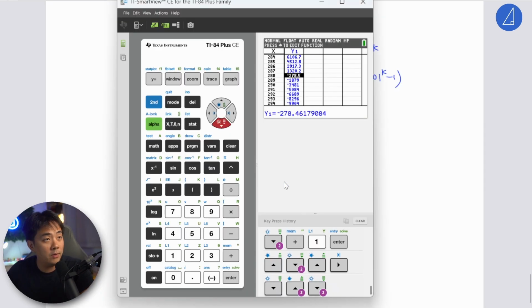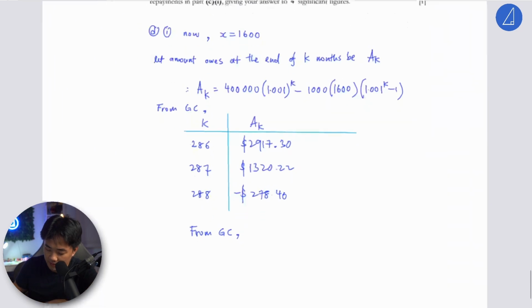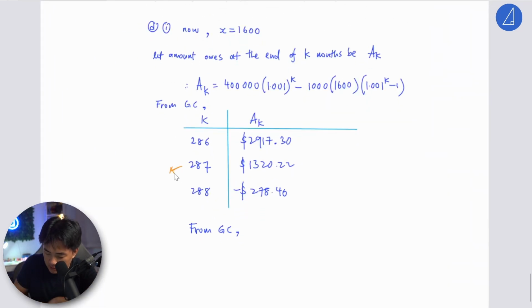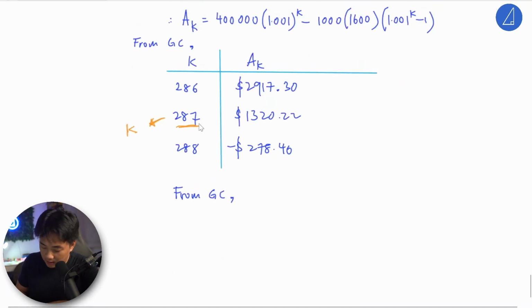So these are the values that we get. Just copy these 3 values. So from here, you copy the values. This would be your last month here. This is your K. Okay. Because that is the number of K months you will pay 1,600. Now, the K months is this, right? K is 287. But to get your Y, what we need is just to take this last month here.